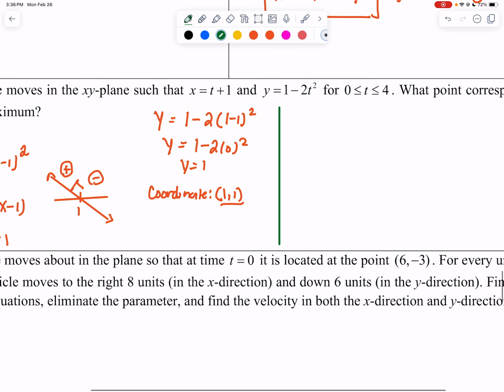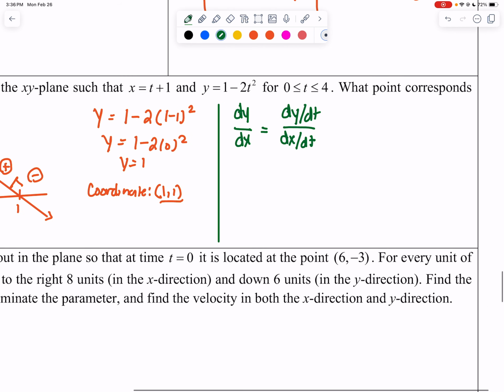Now we did see earlier that I told you guys that dy dx is equal to dy dt over dx dt. I'm going to take the derivative of y, and dy dt is going to be negative 4t. And then I'm also going to take the derivative of x, and dx dt is going to be 1.